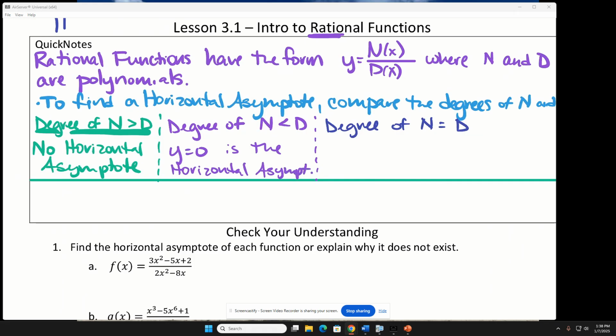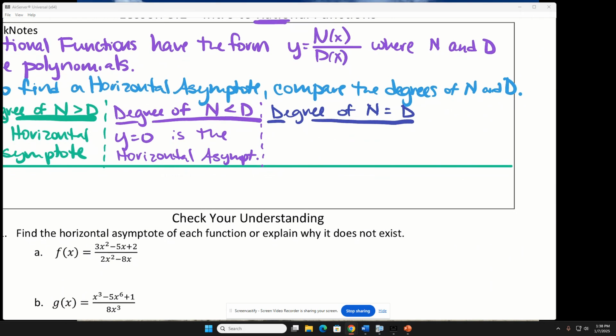I don't have enough room to write the whole word. And then when their degrees are equal, you need the most space on this one. We have to write the most words. All right, so when they're equal, there is a horizontal asymptote. We're going to draw a big long fraction.